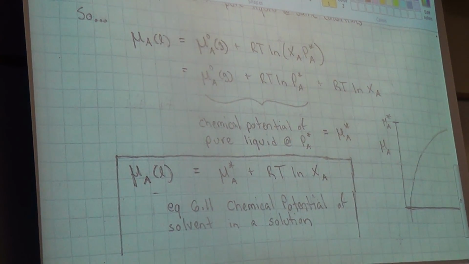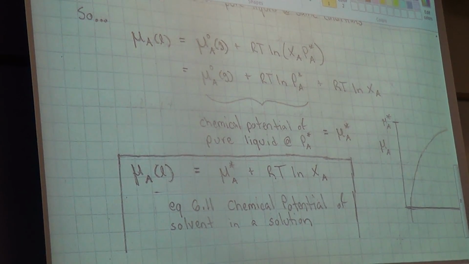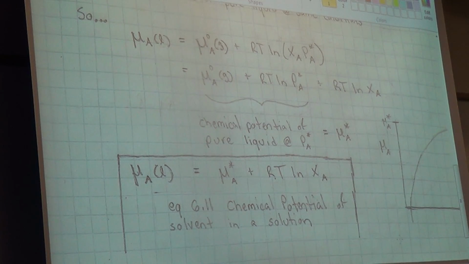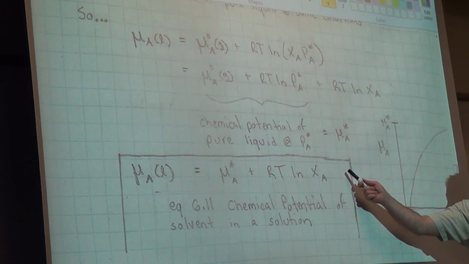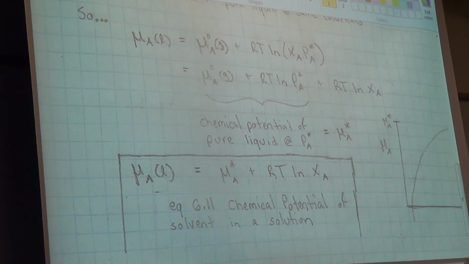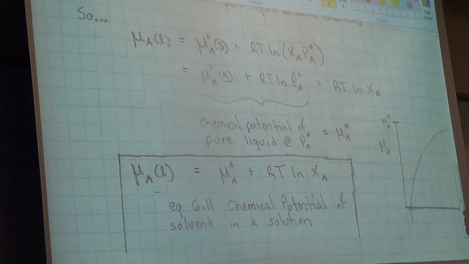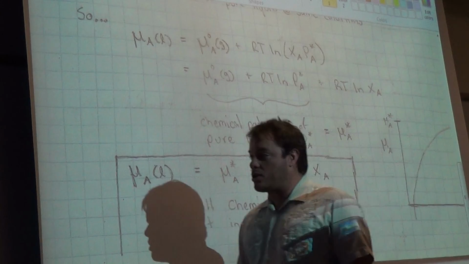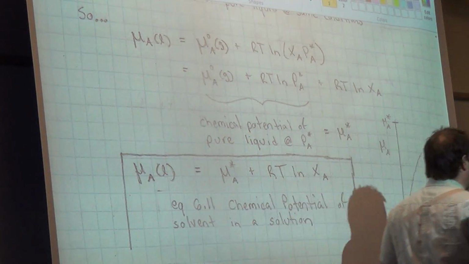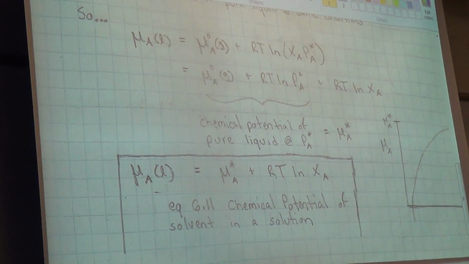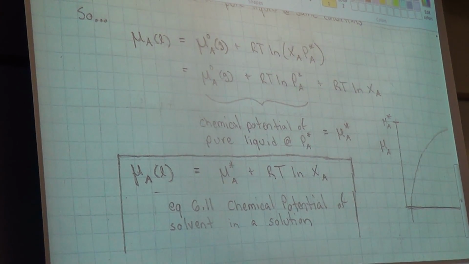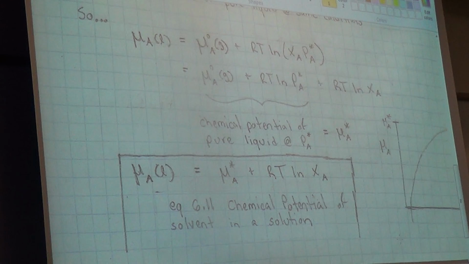Does that look familiar, that equation? Looks like that equation that we had for the gases, right? The chemical potentials of the gases. So if I take this equation and run a calculation like we did for the gas, the one we showed on the last page, you can imagine that we're calculating delta G for this thing going into solution.